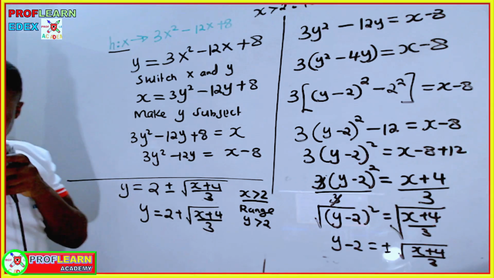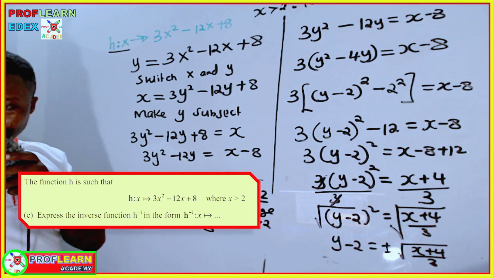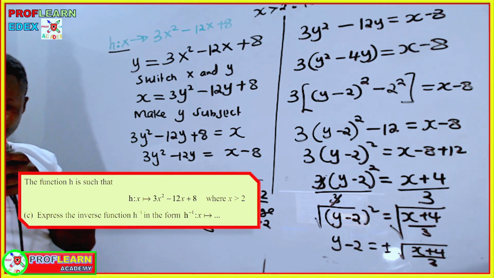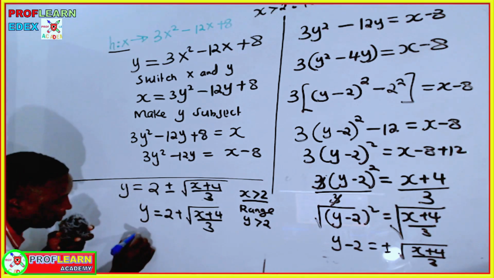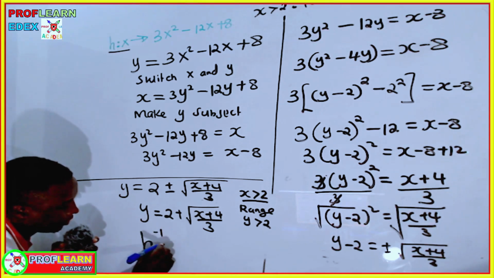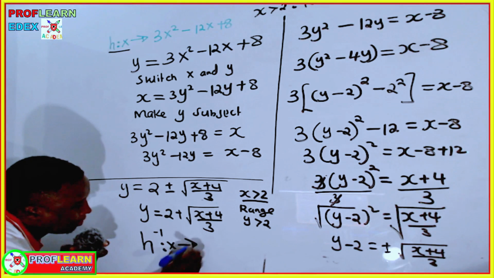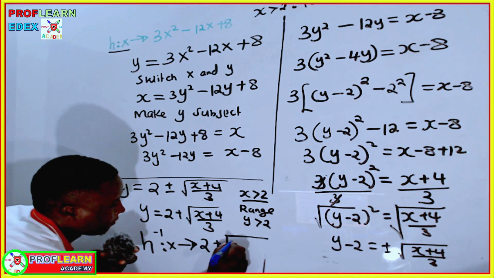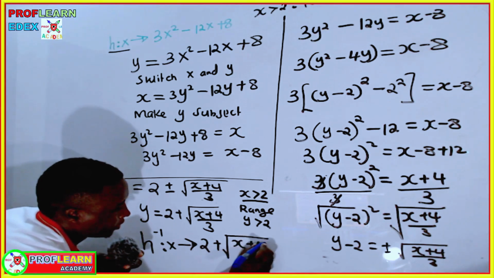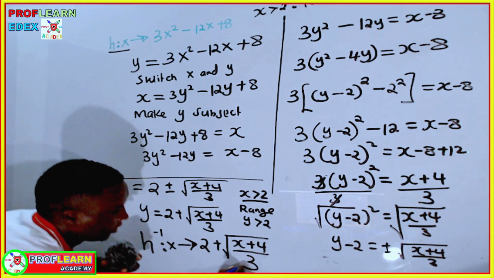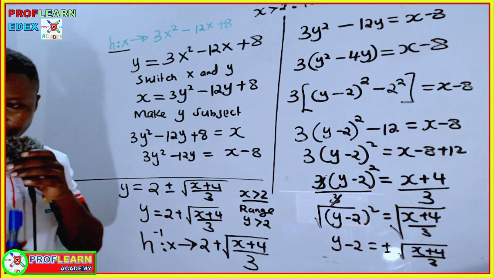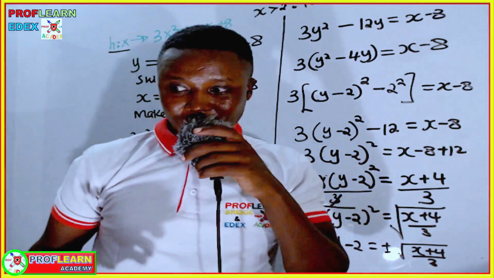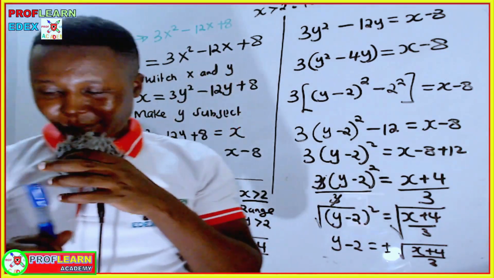If we are to write it in the form that was required, h inverse, then this is going to be h inverse such that x is mapped to 2 plus square root of (x plus 4) over 3.